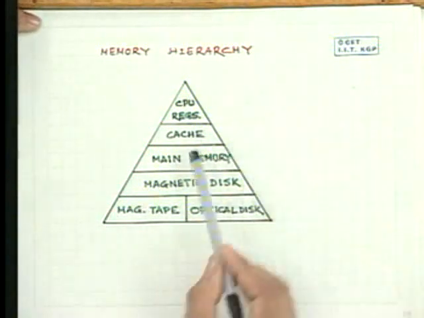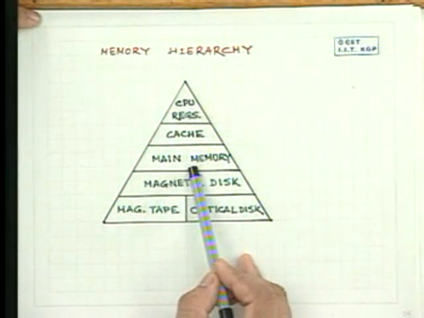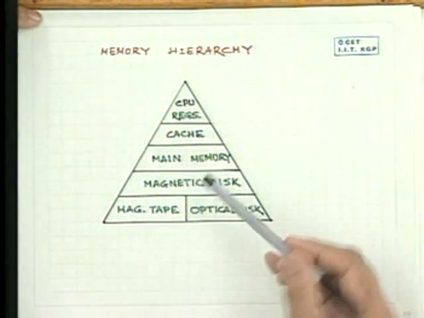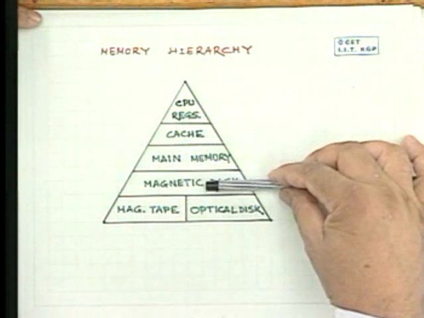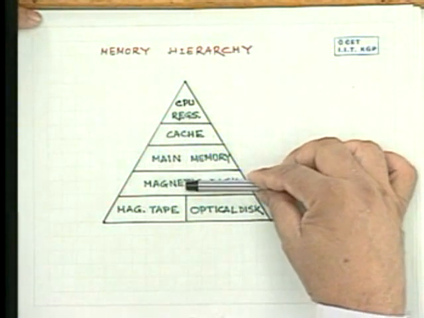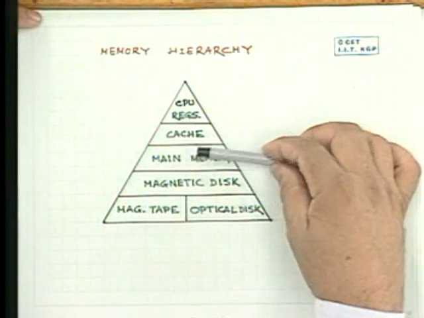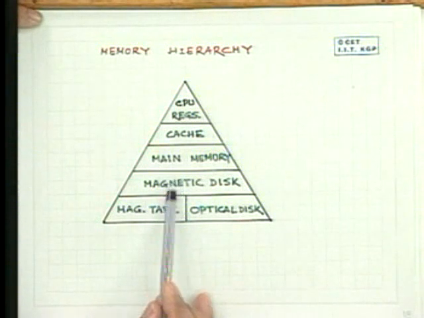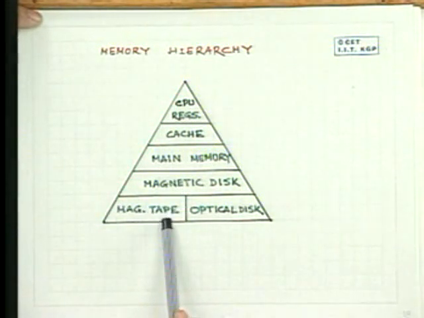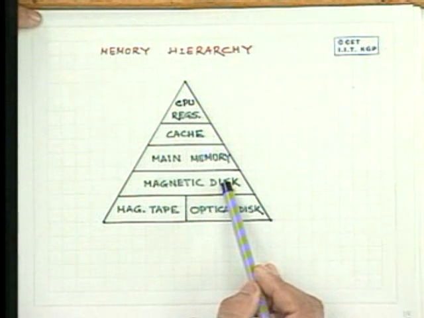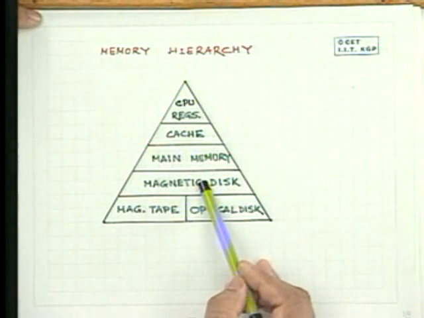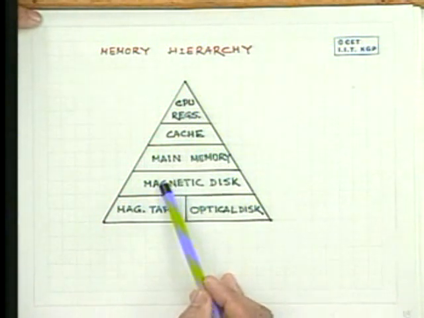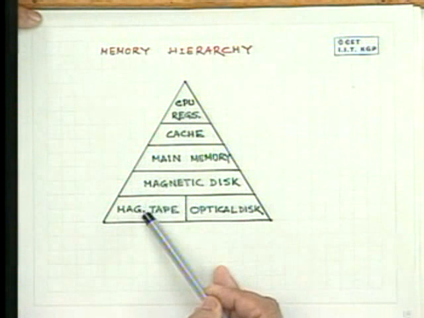Now similarly, the main memory is limited in size, and we have the magnetic disk at the back, so that we can map the information in the magnetic disk into the main memory. And for archival purposes or for taking backup, magnetic tape is used. That means whatever the magnetic disk has, if it is full, or intermittently, sometimes the content of the magnetic disk is backed up onto the magnetic tape.